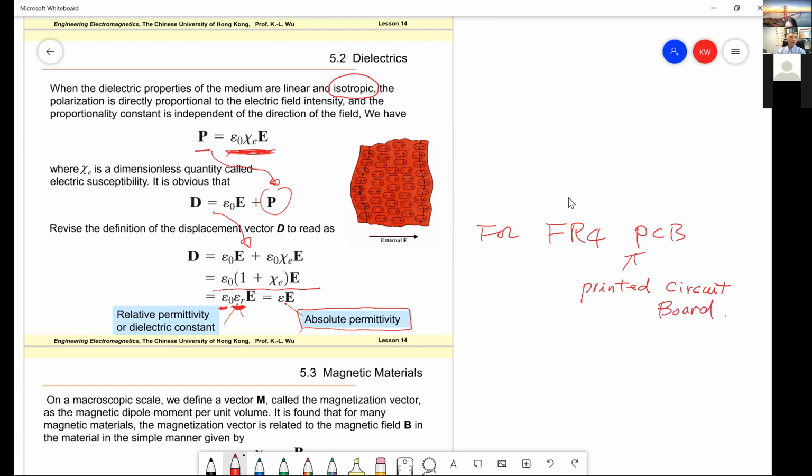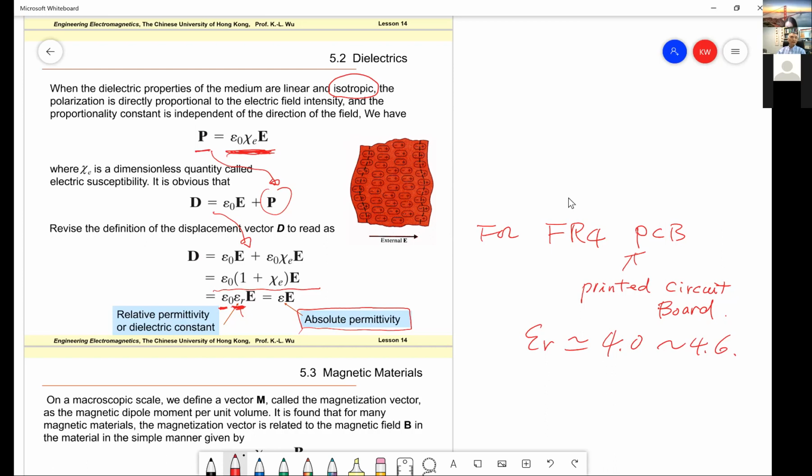That is a material we have to deal with as electronic engineering students. For the FR4 PCB board, the epsilon R is in this range.